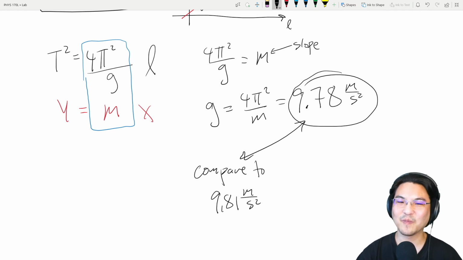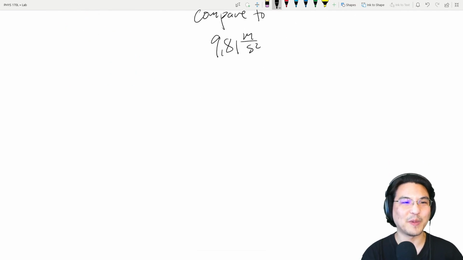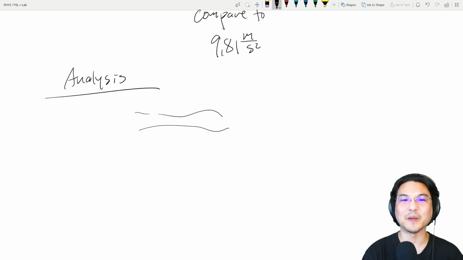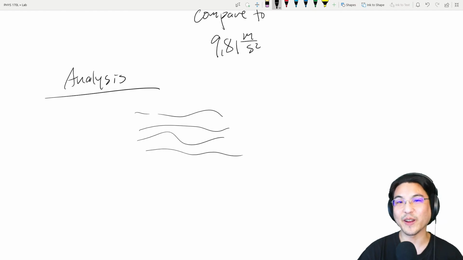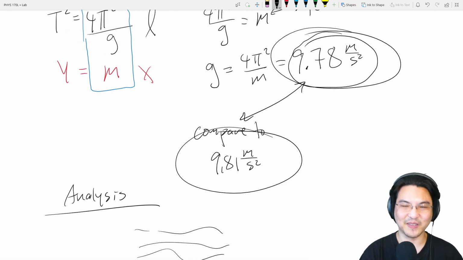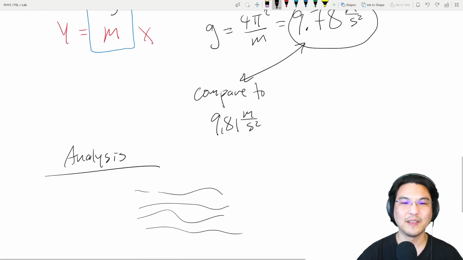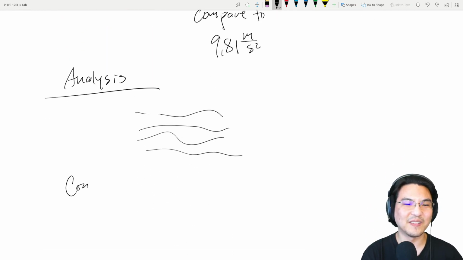Just report it. Okay, and then just wrap up your lab report. There's some analysis section. You can just talk about whatever sources of error, and you can report on this difference right here. You can just say it's like however many percent different. And then conclusion, you can restate your hypothesis.